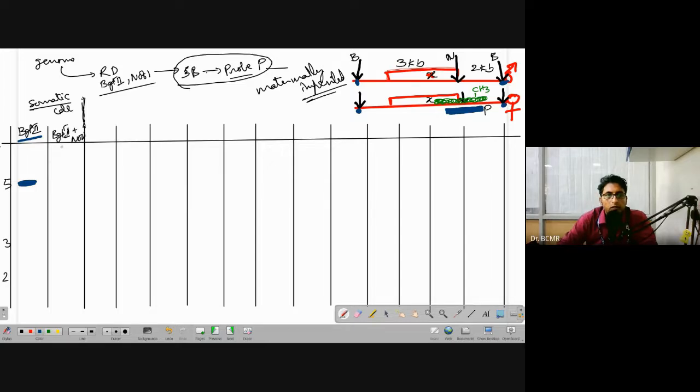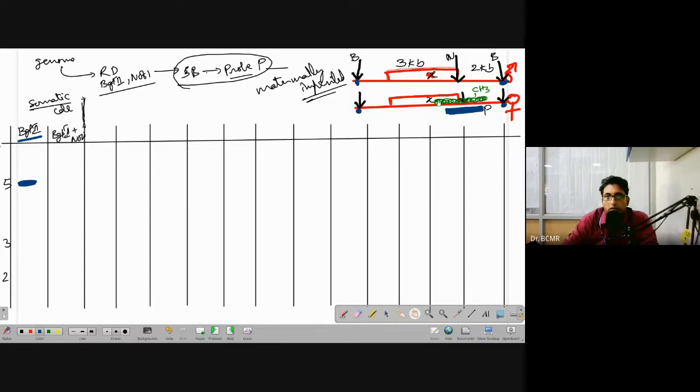If you have digested this DNA with BGL2 and NOT1, what would we get? BGL2 will cut here, NOT1 will cut here, and BGL2 will cut here. So the fragments coming would be a 2 kb and a 3 kb fragment, right? What about the maternal allele?